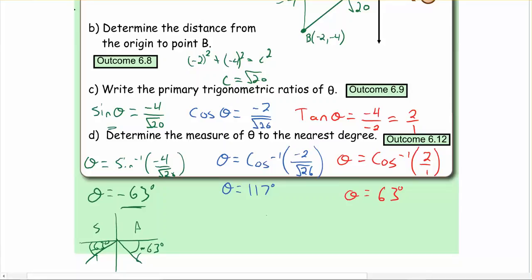So this is one of the rare situations where it won't give you your reference angle. That's because if I look up here and ask where cosine is negative, because it's negative 2 over square root 26, according to my CAST rule, cosine is going to be negative over here, there and there.